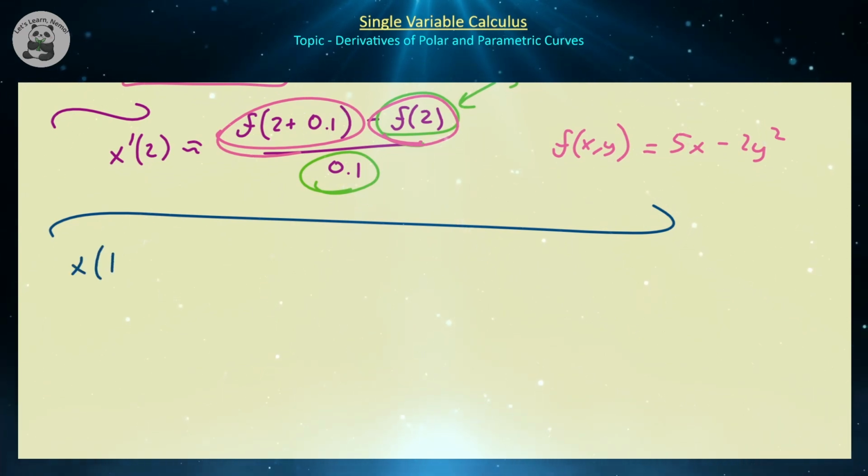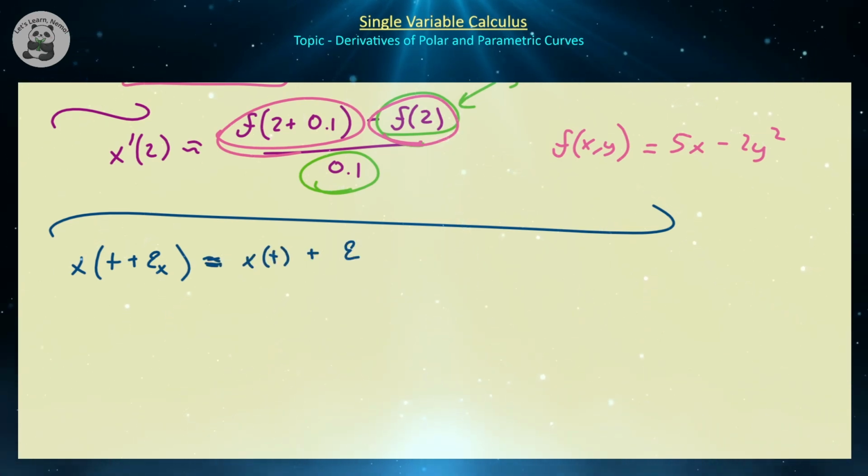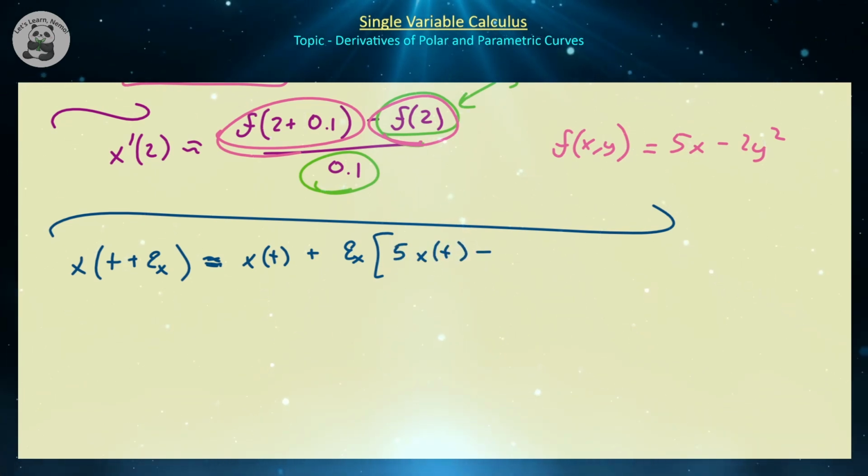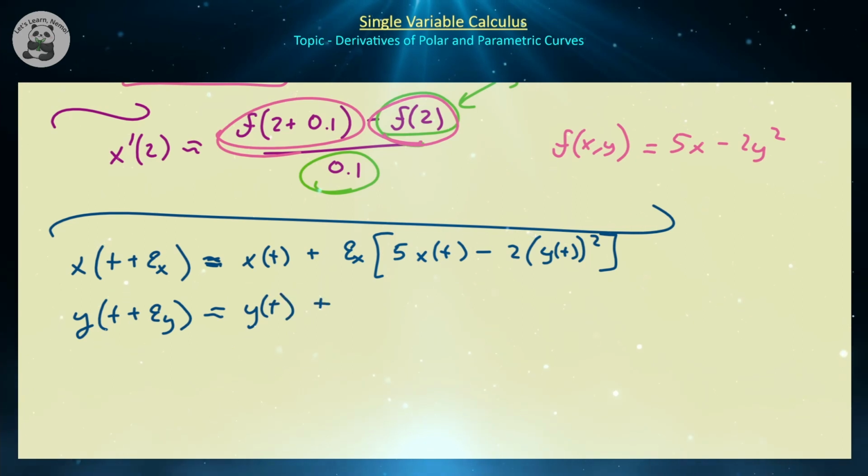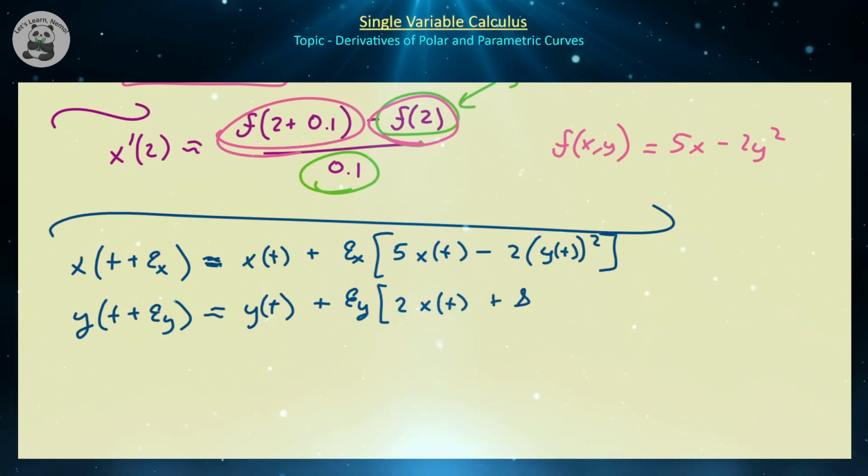So x of t plus some distance will be equal to, at least approximately, x of t plus some distance times 5 times x of t minus 2 times y of t, the quantity squared, and y of t plus epsilon y will be approximately equal to y of t plus epsilon y times 2 times x of t plus 8 y of t.